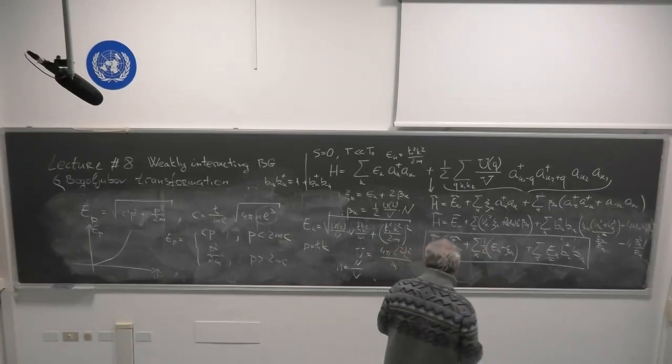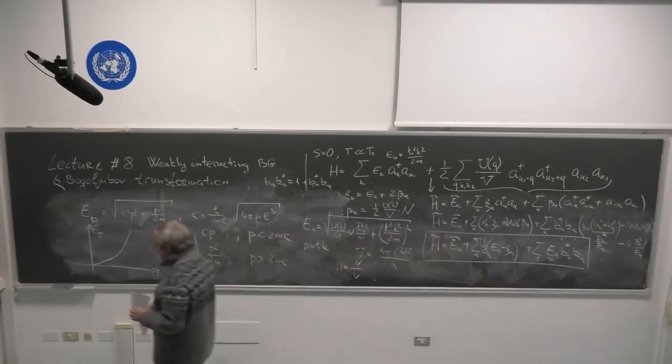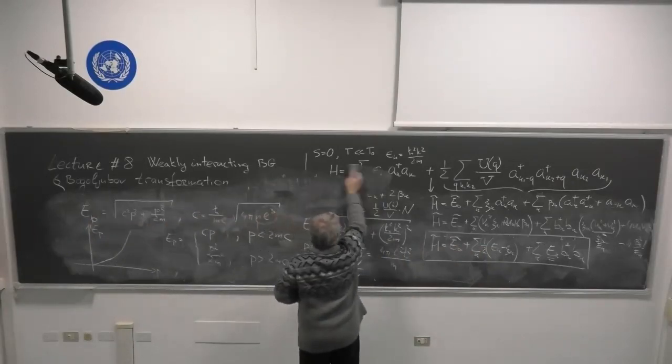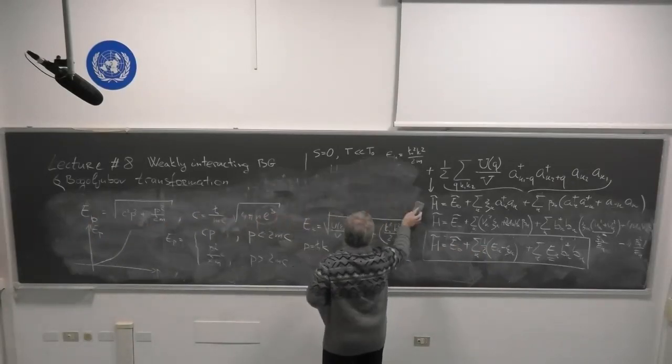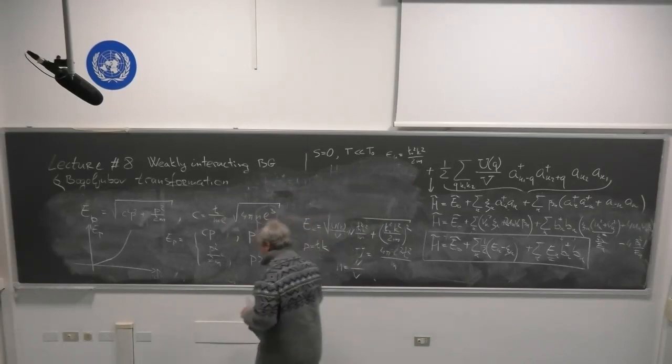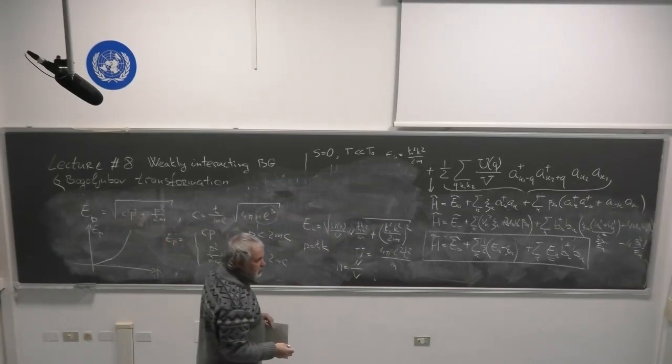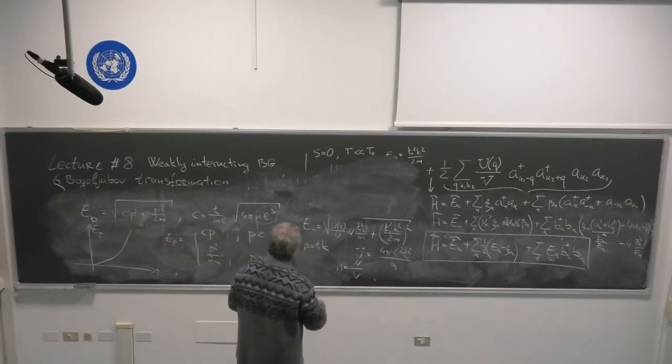So this computation can be done, and I encourage you to do this calculation. I will only present results. Again, this is not a mandatory problem. So calculate the number of particles in a condensate.